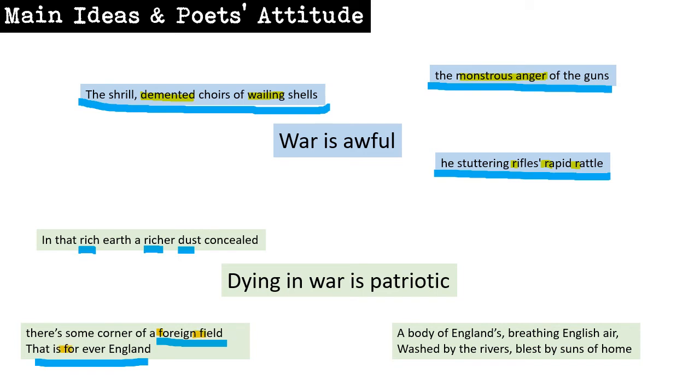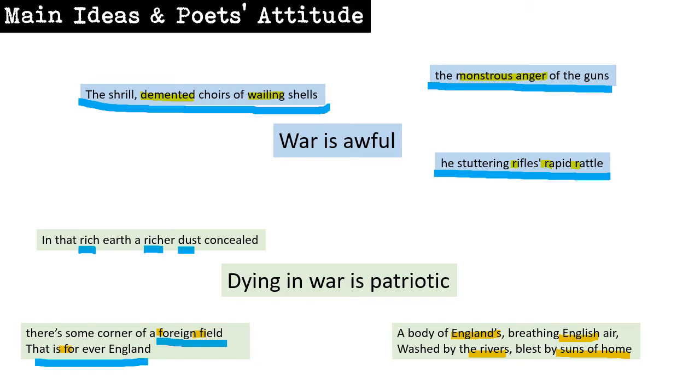You've got the emphasis or highlighting of the idea using alliteration, a bit like we had with the rifle's rapid rattle in the previous one, and the patriotic sense that this soldier is a product of England, because he's breathed English air, been in English water, and been touched by the English sun of home. So a sense of real English quality that's made this soldier into everything that he is.